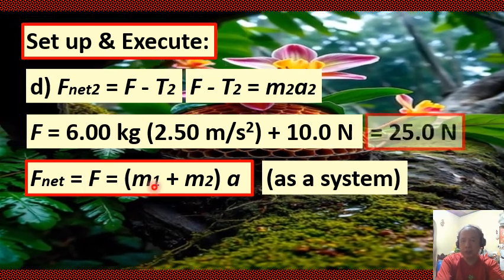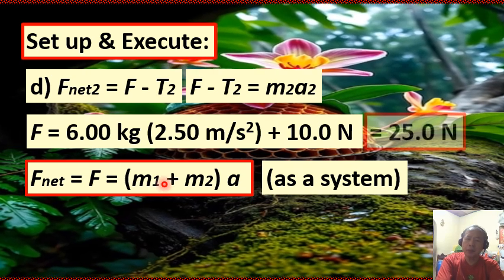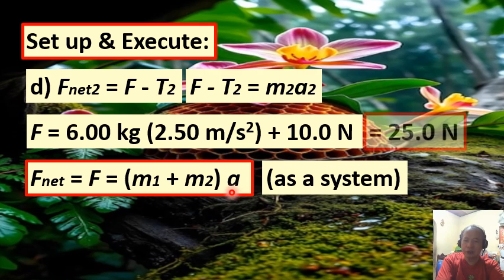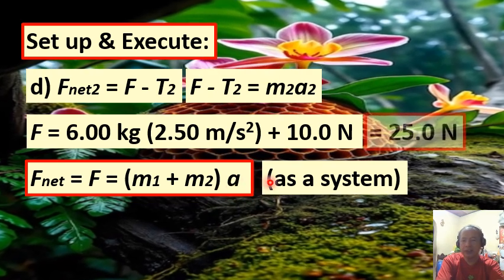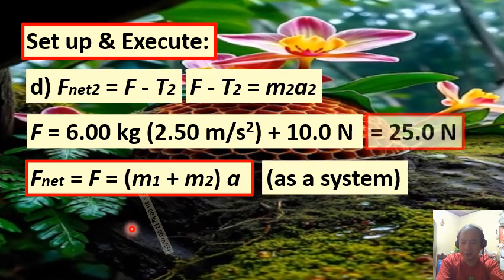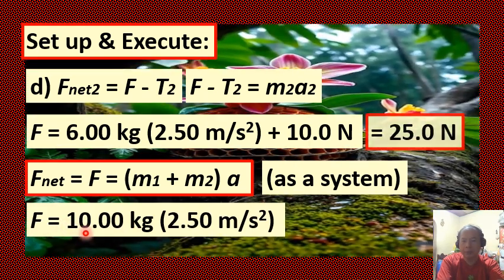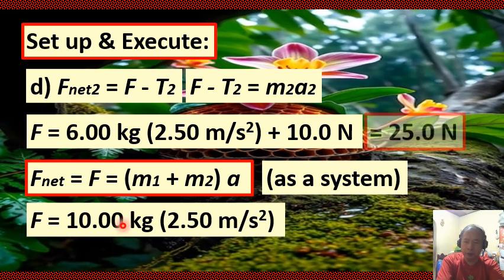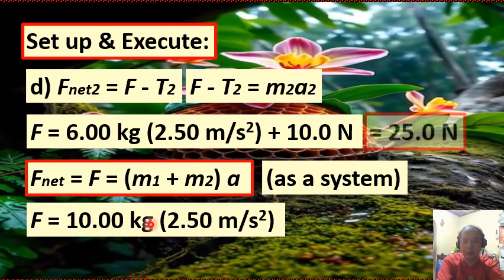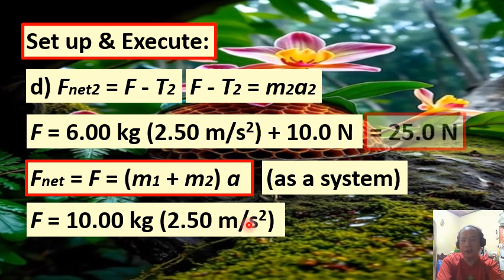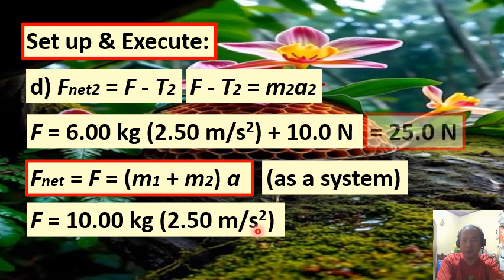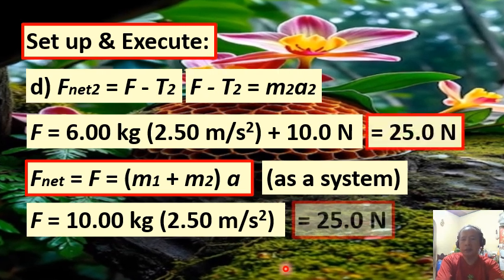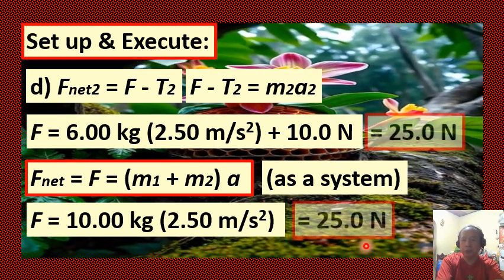So we just equate it to the product of the two masses m1 and m2 and the acceleration a, the acceleration of the system. That is, F equals 10.00 kilogram, which is the sum of 4.00 and 6.00 kilograms, multiplied by the acceleration of the system, 2.50 meter per second squared. So we get the same answer. Force F equals 25.0 Newton.